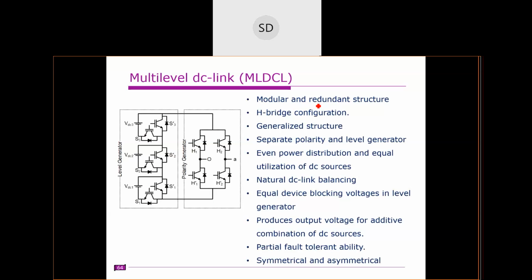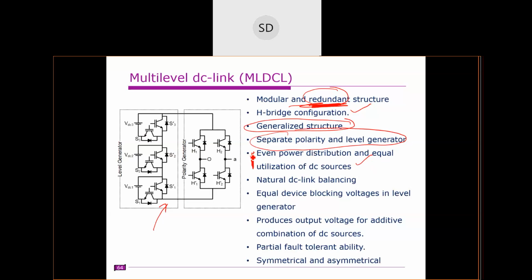One is the modular and redundant structure. You have seen the switching redundancy: if you want 2VDC or VDC level, you have multiple options. This is an H bridge configuration, so this topology can be generalized to any number of levels. It has separate polarity and level generators, so even power distribution and equal utilization of DC sources are possible.